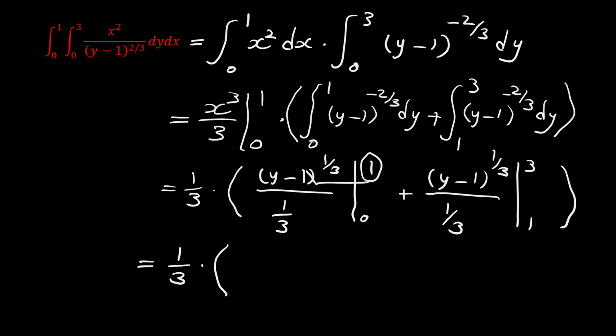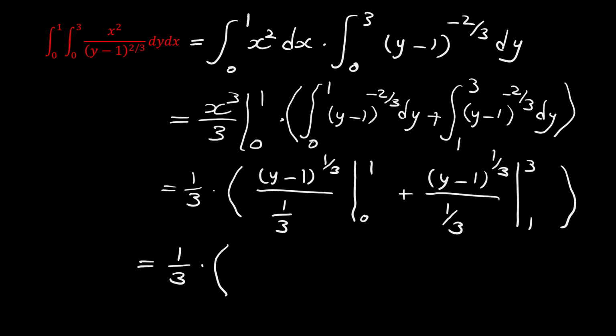If we plug in 1 here, 1 minus 1 is 0. If we plug in 0 here, 0 minus 1 is negative 1, and negative 1 to the power of 1/3 is again negative 1. So we have negative 1 over 1/3. But attention, we subtract this from this, so it would be plus 1 over 1/3.